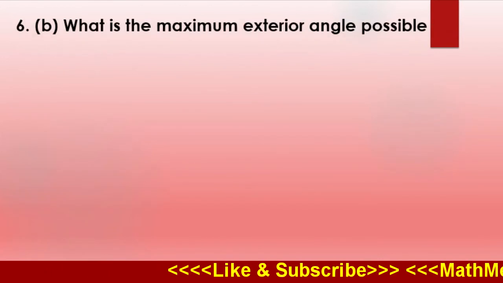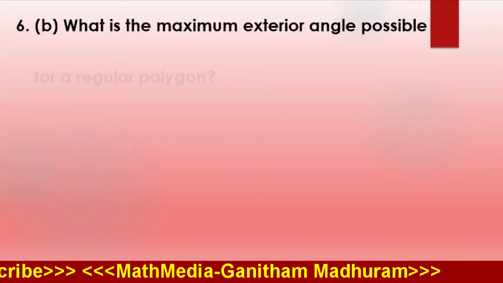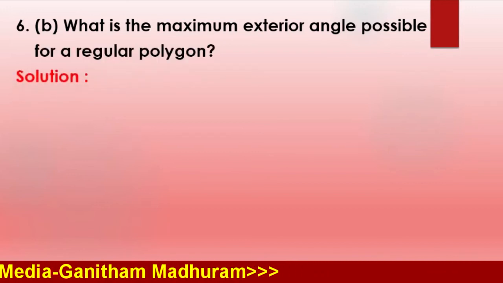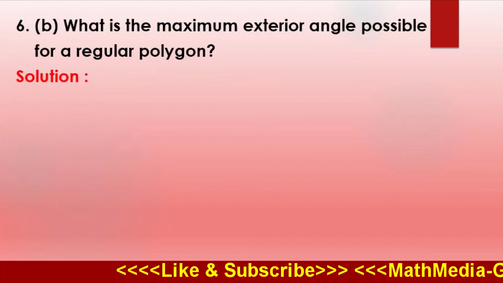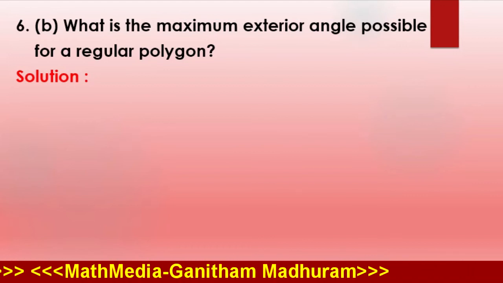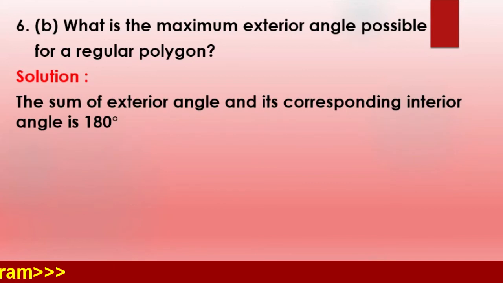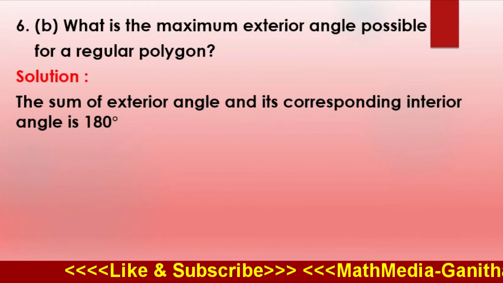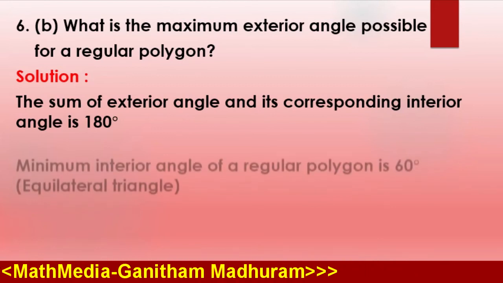And part B, what is the maximum exterior angle possible for a regular polygon? An exterior angle and its corresponding interior angle form a linear pair, so they sum to 180 degree. The minimum interior angle of a regular polygon is 60 degree, that of an equilateral triangle.